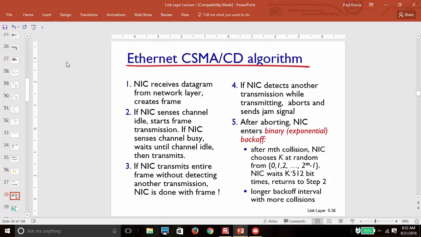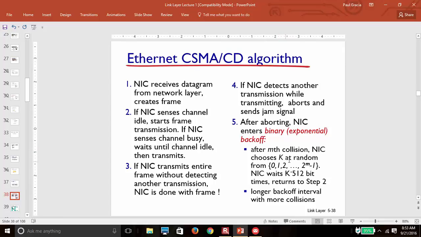It chooses a random number k, ranging from 0 to 2 to the m minus 1, where m relates to the number of collisions, so as m gets larger, that range gets larger the more collisions you have.